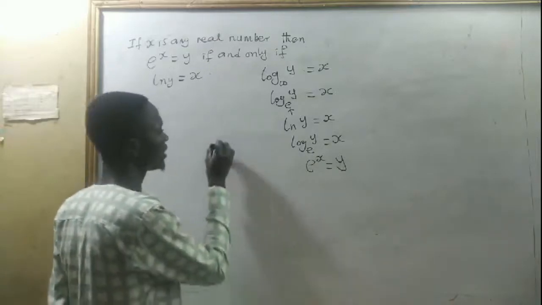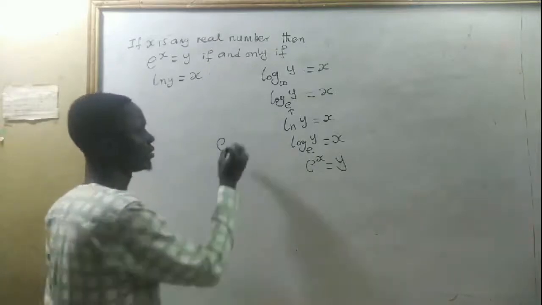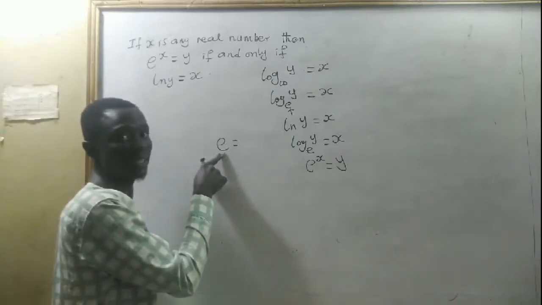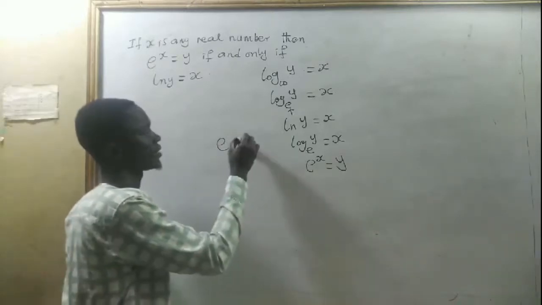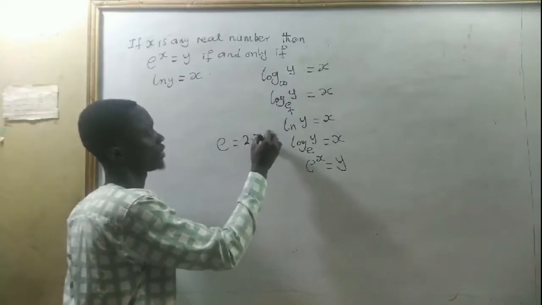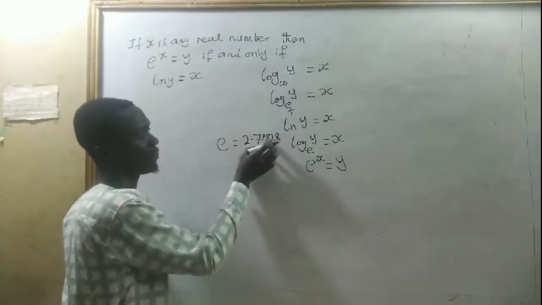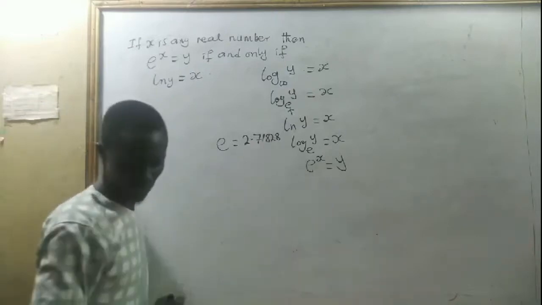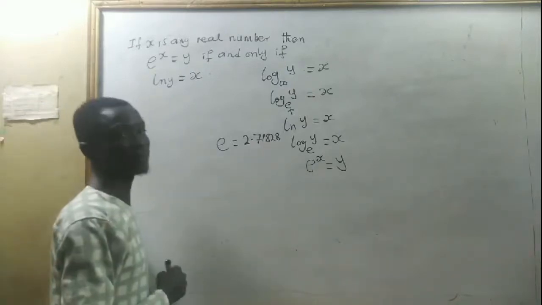So here e is a number. If you have the calculator, press e, and you see that it is 2.71828, approximated to 5 decimal places.